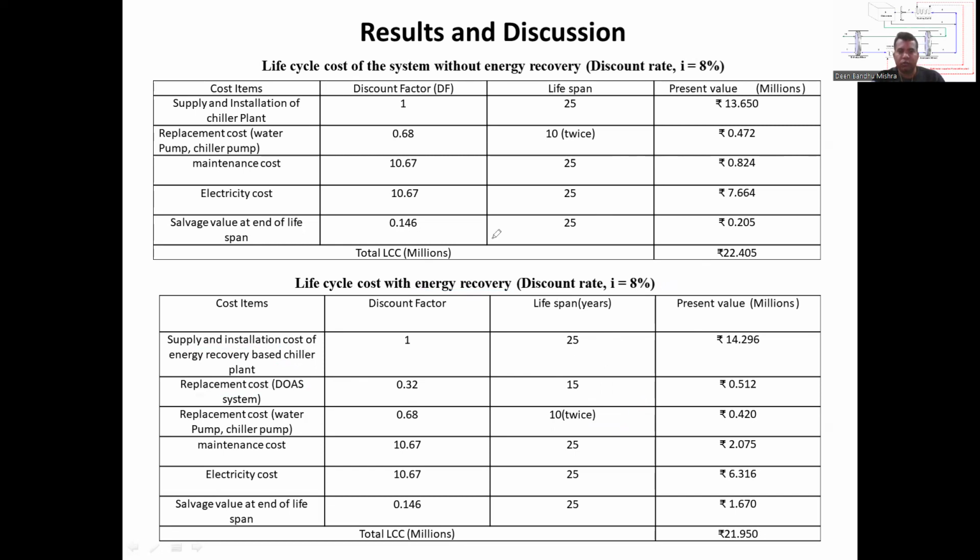The cost associated with ducting and all other things is not considered in this study, because the difference between the conventional system and the energy recovery system is assumed to be the same and can be neglected. The results show that the life cycle cost with the energy recovery system is less compared to the conventional system. So the dedicated outdoor air based air conditioning system is a more viable alternative solution compared to the conventional system.